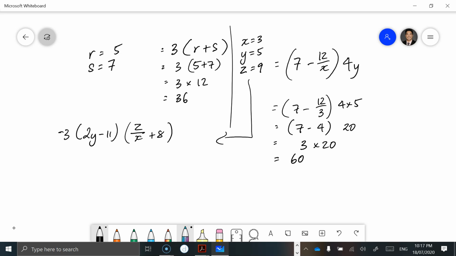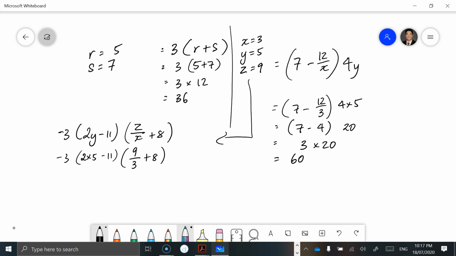The key thing is, when things become more complicated, take it slower, be really careful, make sure you don't skip any steps, and take your time. 2 times y, so 2 times 5, so 2 times 5 minus 11. I'm just rewriting everything. Z divided by x, which is 9 divided by 3, plus 8.